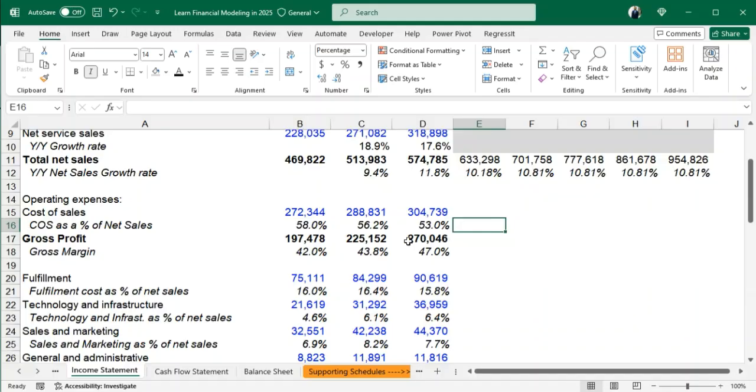Now, when you look at our cost of sales, the figures are closely related, from 58 to 56.2 to 53. These have been decreasing over the period, and so we can take the last year's percentage and assume that this downward trajectory is going to continue.